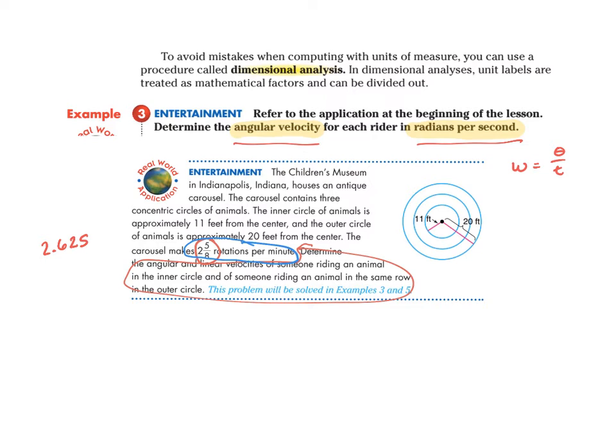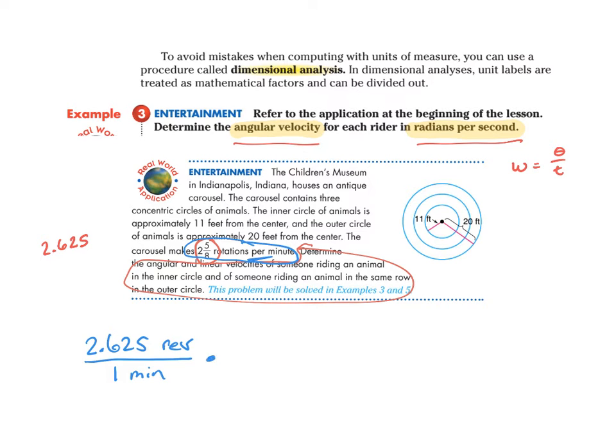You write down, including the units of measure, exactly what you're given. And keep in mind that this word per is the same as a division or a fraction. So for example, I know that I do 2.625 revolutions, and I'm going to write REV for revolutions, in 1 minute.